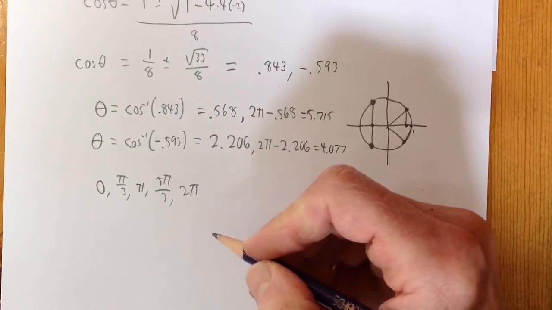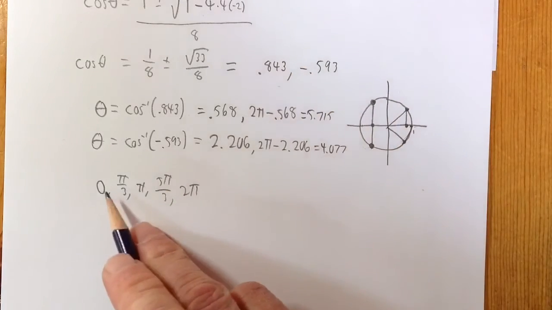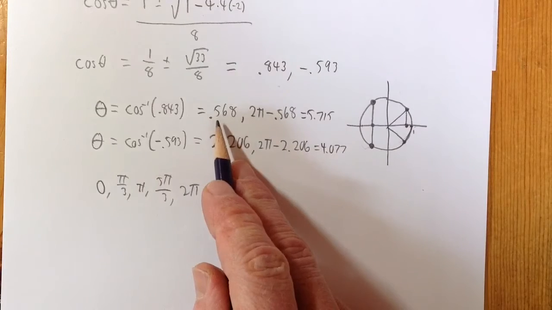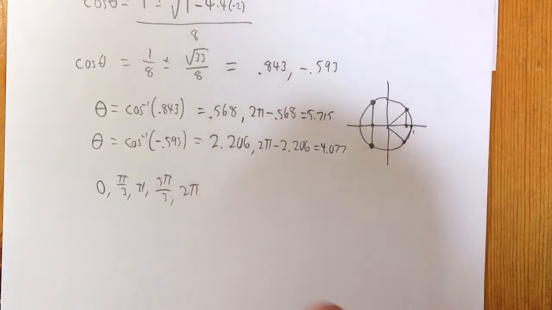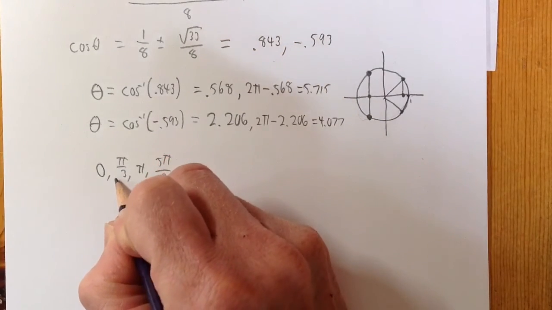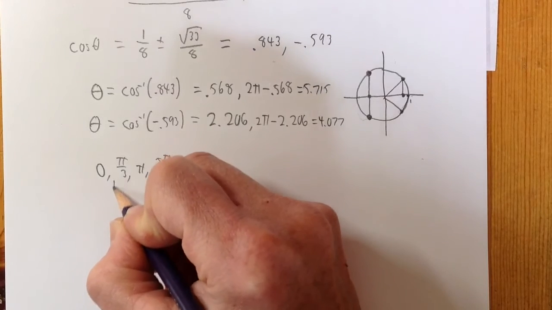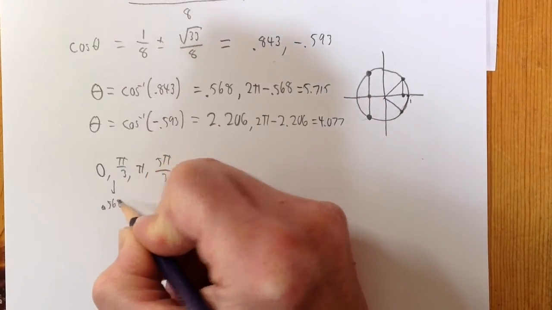And we know that we have inflection points at these places up here, always in between. So we have 0, then 0.568 fits in there.